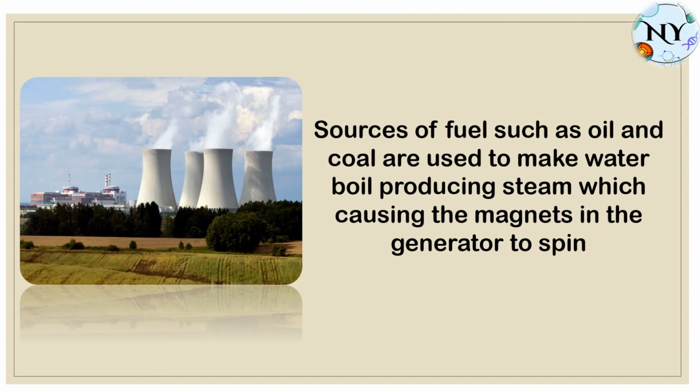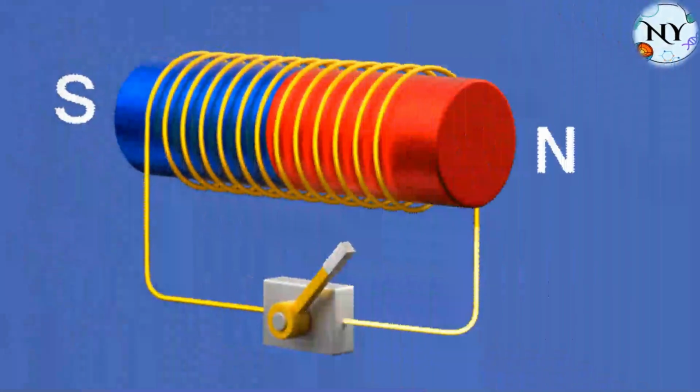So when we burn fuel, they produce steam. When we burn oil and coal, we can make the water boil, producing steam. This steam causes the magnets in the generator to move to produce electric energy.